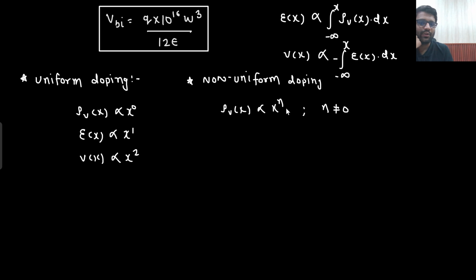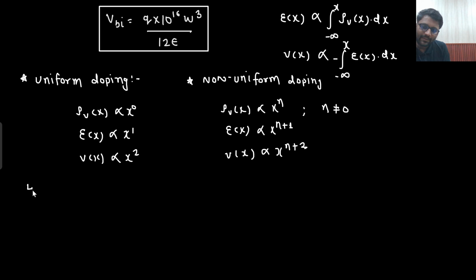So n is not equal to 0. n could be anything. It could be 1, 2, 3, 4. So what would be my electric field? That would be a function of x to the power n plus 1. And what would be my potential? That would be a function of x to the power n plus 2. Yes or no? Okay. So this will show uniform doping. This will show non-uniform doping.